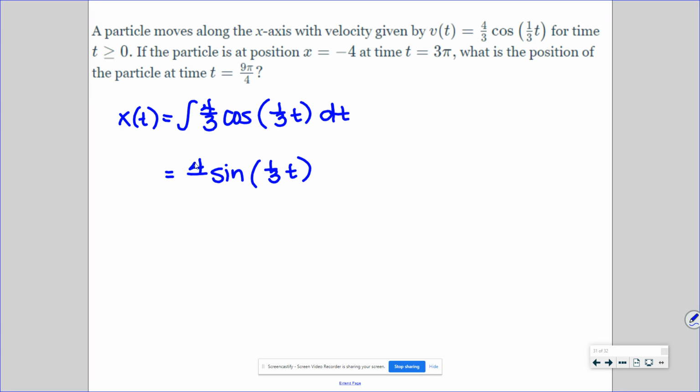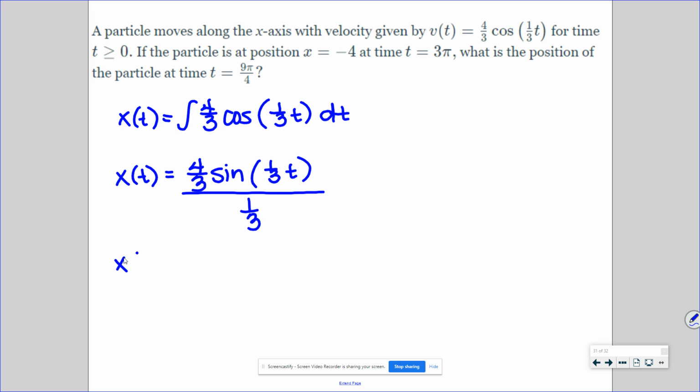You have a 4/3 in the front that you will still have. You also have a baby here. 1/3 t is a baby inside the cosine function. So normally we multiply by the derivative of baby, but since we're doing an antiderivative, we will divide by the derivative of baby.